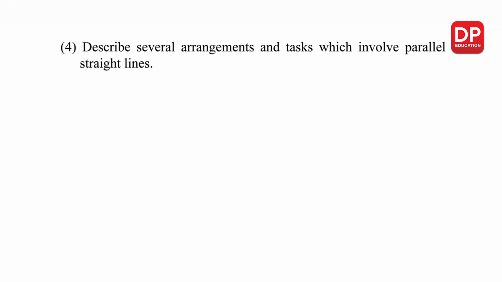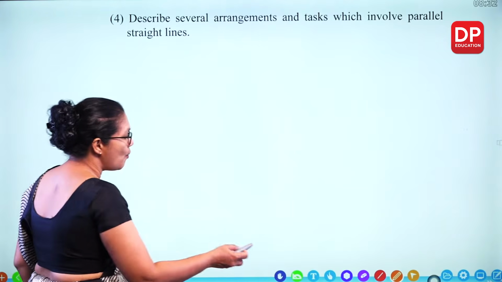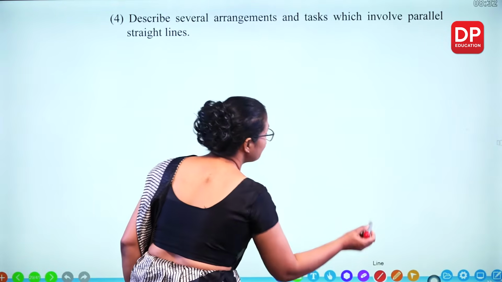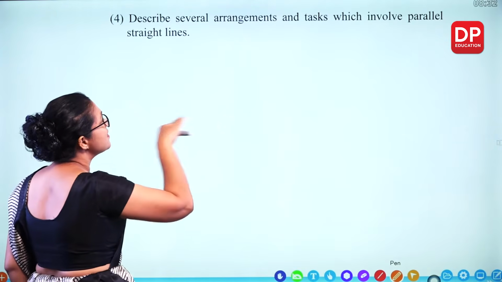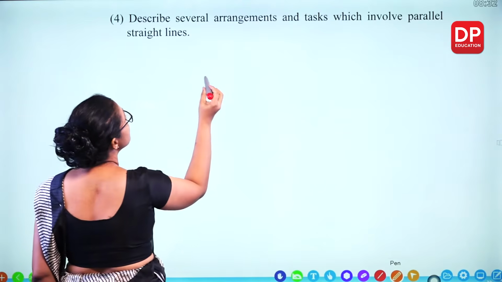Question number 4. Describe several arrangements and tasks which involve parallel straight lines. So we can say when you take the train tracks, so we see parallel lines.